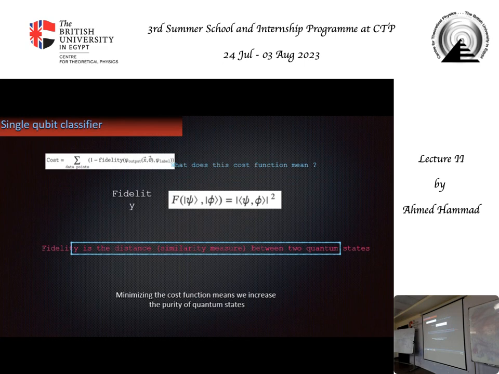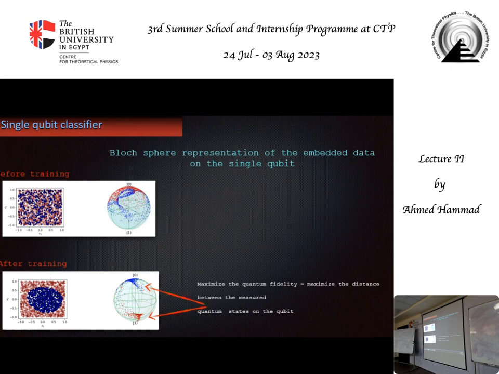As far as we minimize 1 minus the fidelity, we make the predicted states and the true states very, very close together, even identical. So the idea here is that 1 minus fidelity is a metric distance. So what is the advantage of using metric distances as a cost function?